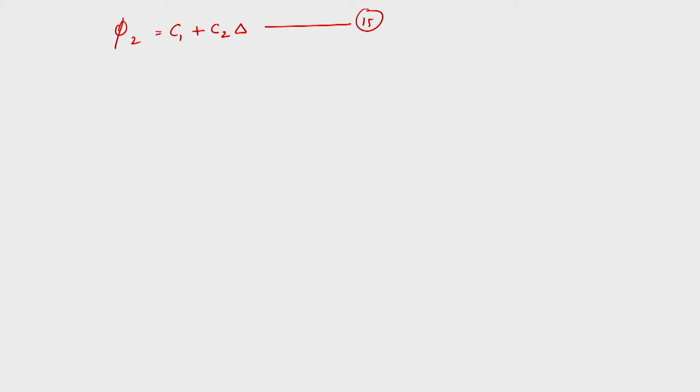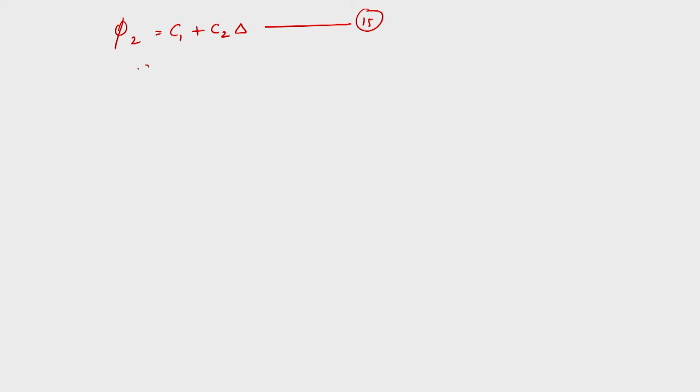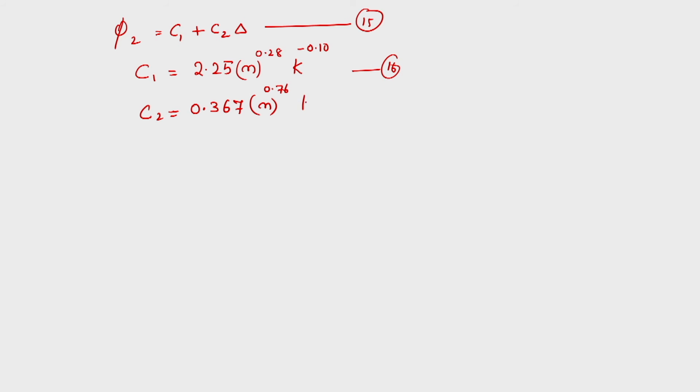And it is very interesting to note that when a large number of experiments were conducted on materials having wide work hardening characteristics, C1 and C2 can be correlated to the work hardening exponent, as C1 is equal to 2.25 into n raised to 0.28 into k raised to minus 0.10, and C2 is equal to 0.367 n raised to 0.76 k raised to minus 0.054. So, this is 17.